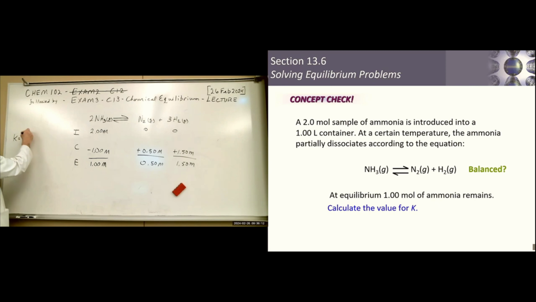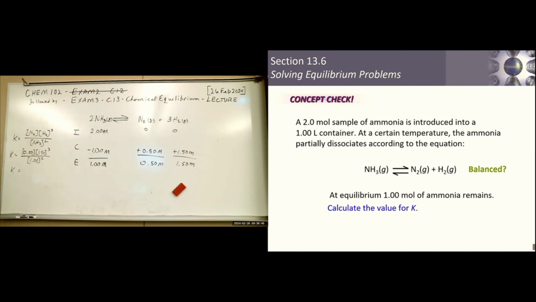So the K is going to be nitrogen, hydrogen to the 3rd power divided by ammonia to the 2nd power. Now we put in our values. Nitrogen is 0.5 molar. Hydrogen is 1.5 molar cubed. And ammonia is 1 squared. Okay. So what's 1.5 cubed?